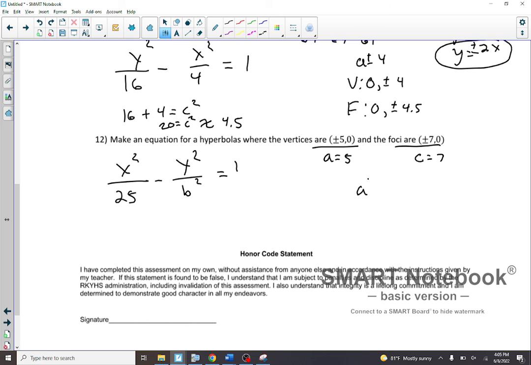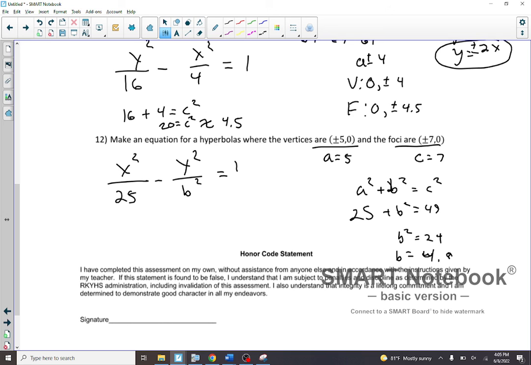Which means we're going to use a squared plus b squared equals c squared, which is 25 plus b squared equals 49, which means b squared equals 24, so b is about 4.9.